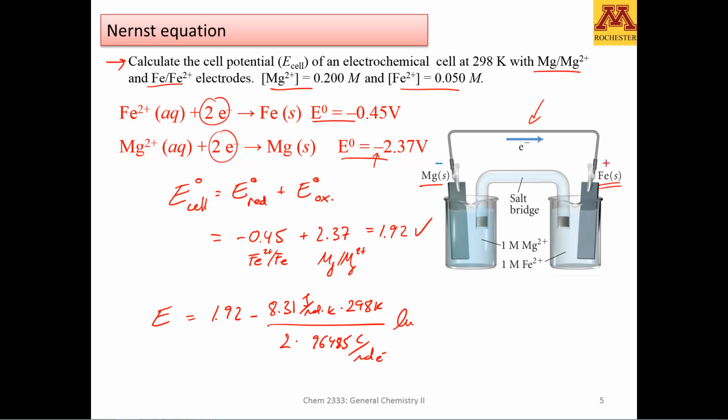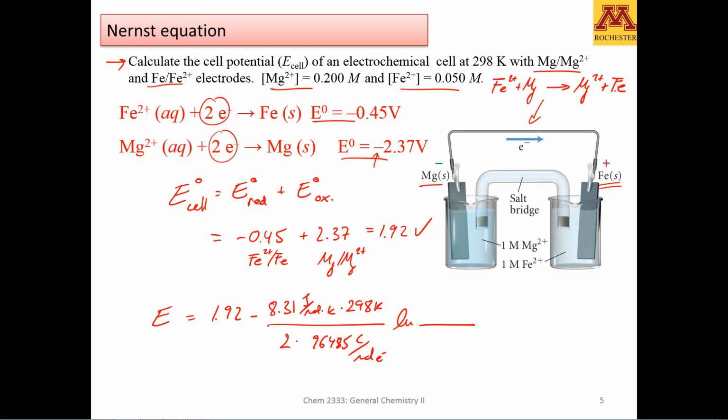Okay, and now logarithm of Q, and Q, as you well know, is products over reactants. My products, so it may not hurt to write the overall reaction. I'm going to write it up here. So we said that iron 2 plus is going to react with magnesium to give magnesium 2 plus and iron.